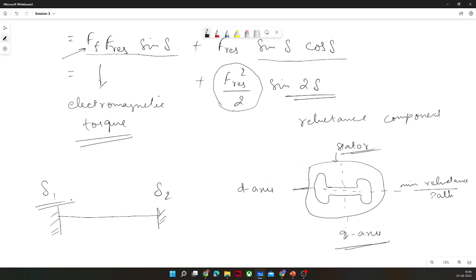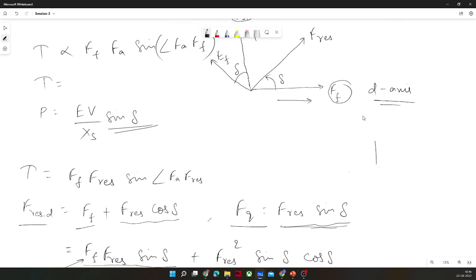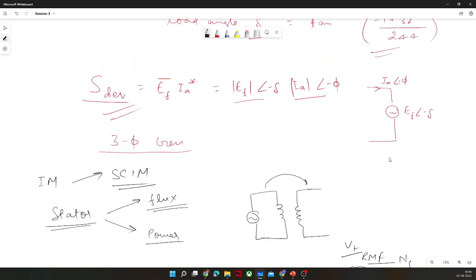So let's say this machine is overexcited, and if overexcited, then it would have higher EF. Okay, higher EF with delta 1, and this is EF 2 with delta 2. So this whole concept would come if I derive the reactive power equation from that developed or apparent power.